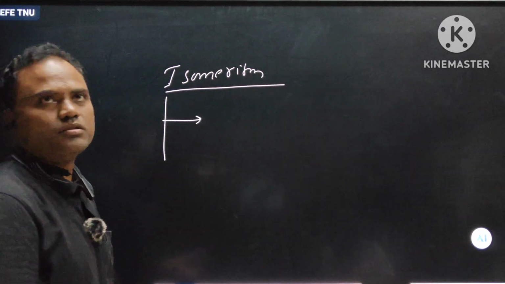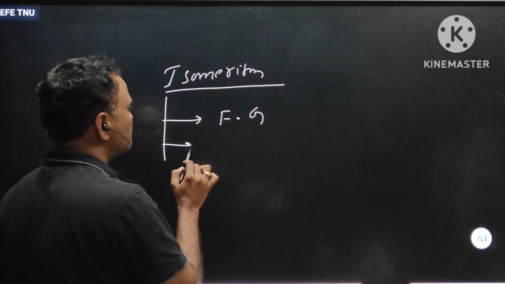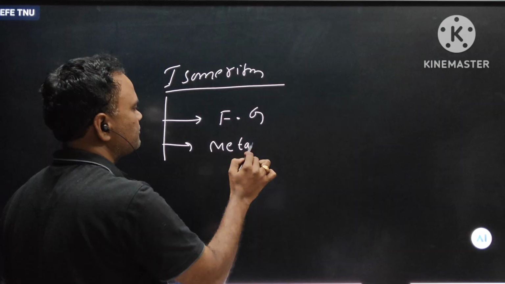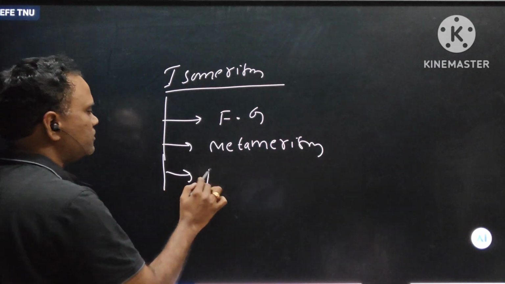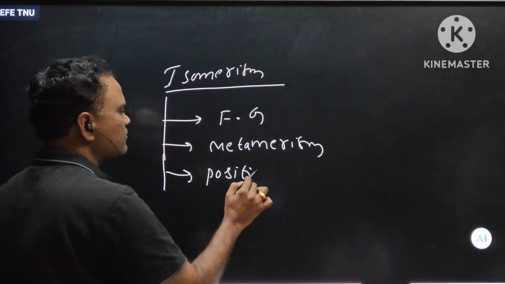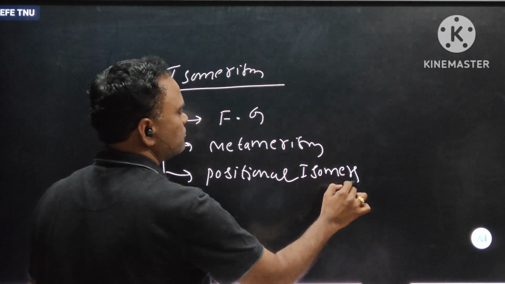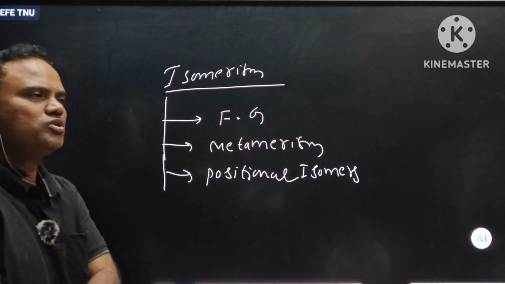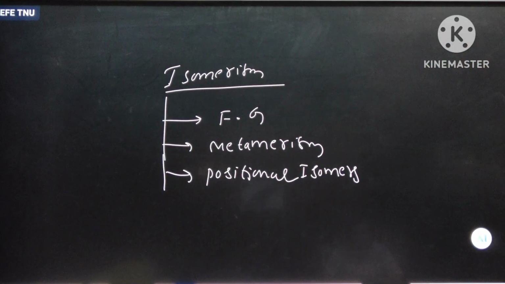In ethers, we can see functional group isomerism, metamerism, and positional isomerism. Optical is also possible, but we won't give it separately.